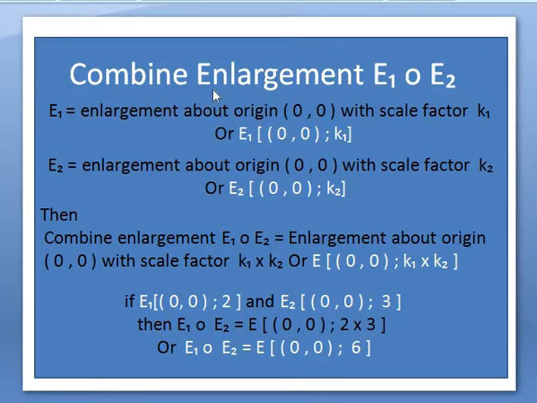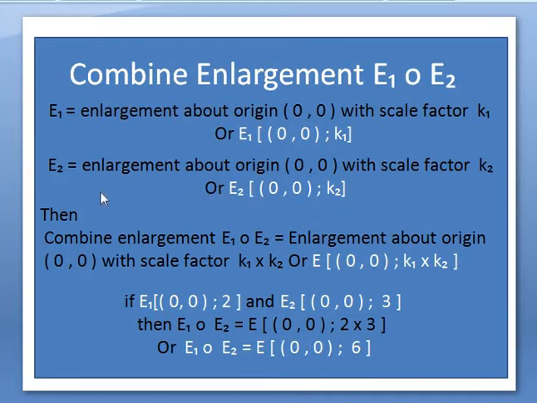Now we have a combined enlargement E1 o E2. Here E1 is an enlargement about the origin (0, 0) with scale factor k1, denoted by E1[(0, 0); k1], and E2 is an enlargement about the origin with scale factor k2, and the notation is E2[(0, 0); k2].